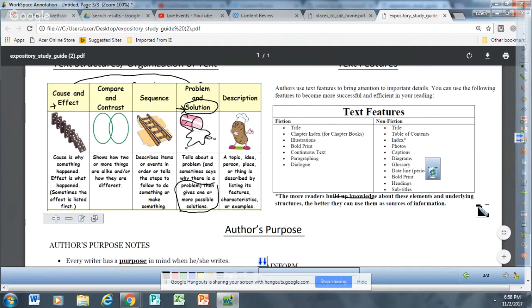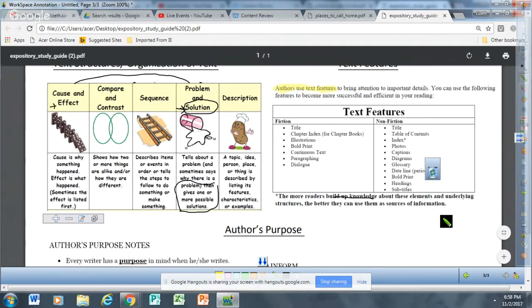But the thing they're going to ask you is, how did the author use it? What was the purpose of that specific text feature? Why? What was the point of the author putting that on there? Everything the author does, there's a reason behind it.